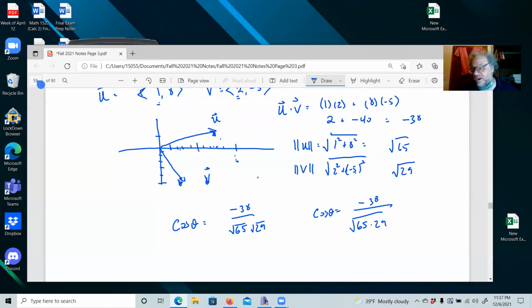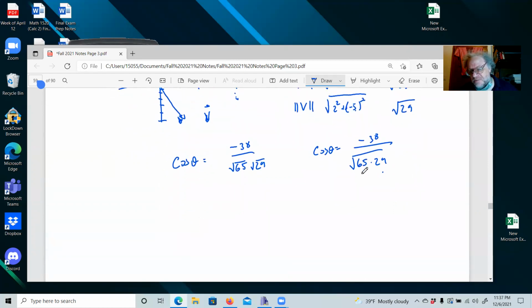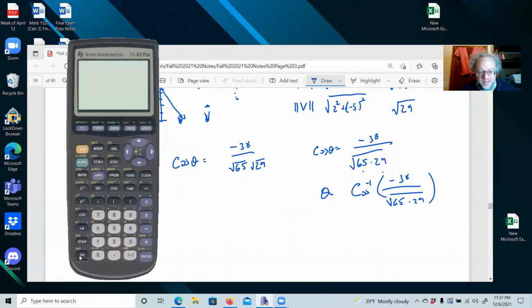I don't think that's going to help, because 29, I believe, is prime, and 65 is 5 times 13. We're not going to get a simplified form. That's okay. So we're going to have cosine inverse of -38 over the square root of 65 times 29, and that's going to be the angle that is separating these two vectors. Not as bad as you might think.